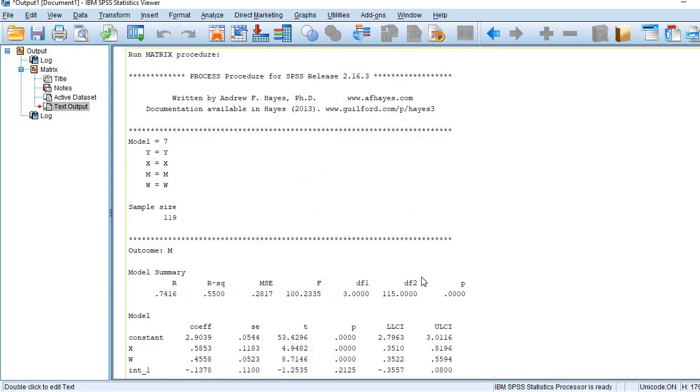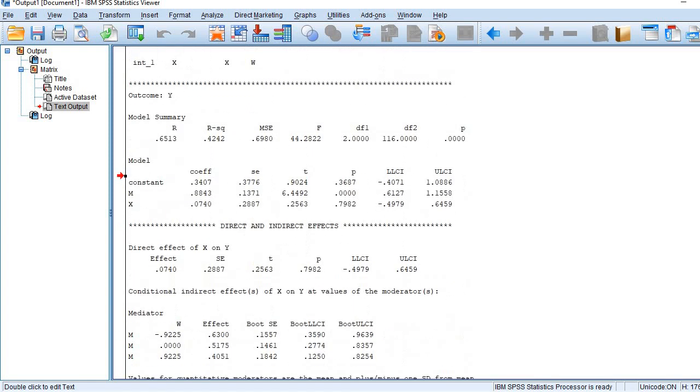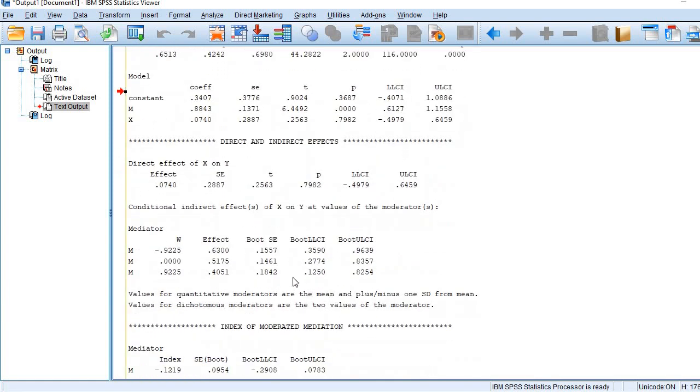Now in the next table you see there is the conditional indirect effect. Here you see there are 3 different levels of moderator: low, average, and high. At the low level of the moderator, the mediation is statistically significant because the lower limit and upper limit are both positive, meaning zero is not falling in between these two extremes.